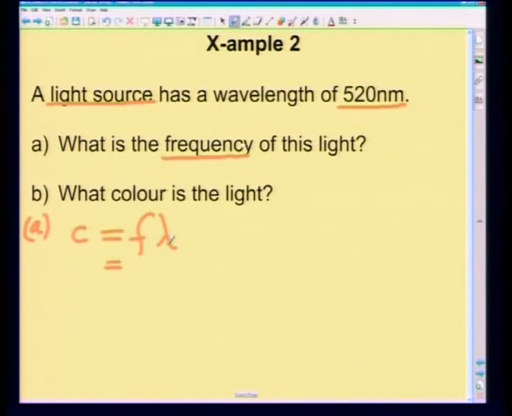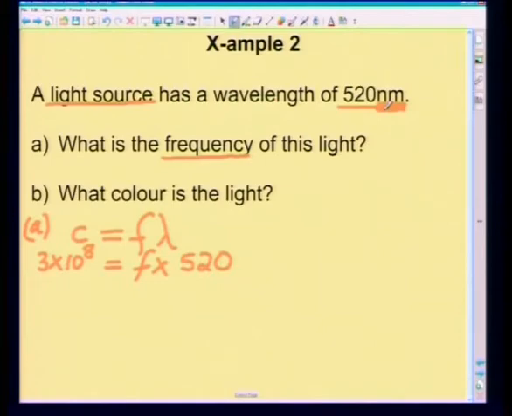So from c equals f lambda, we can begin to substitute. What is the value of c? c is 3 by 10 to the power 8. What is f? f is what we're looking for, so we'll leave it as it is. Substitute for the value of lambda. Lambda is given to us as 520 nanometers.